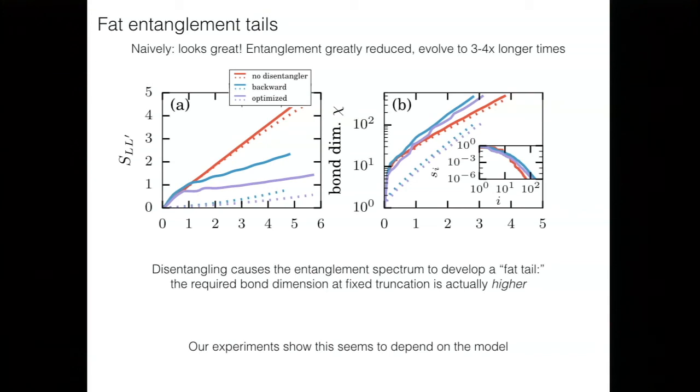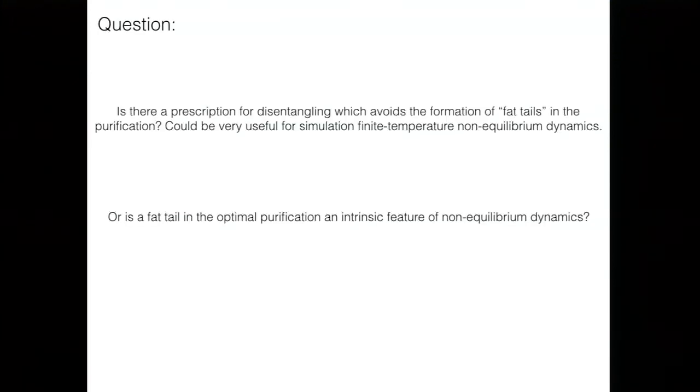So we find this seems to depend a lot on the model, whether you get this fat tail or not. The open question I'd be very interested if anyone here has any insight to is: is this just an artifact of the way we're deciding to remove entanglement? We do it in a very greedy way, where we just bond by bond remove as much entanglement as we can. Maybe there's a better prescription for disentangling where not only do you reduce the entanglement, you actually don't introduce these fat tails.